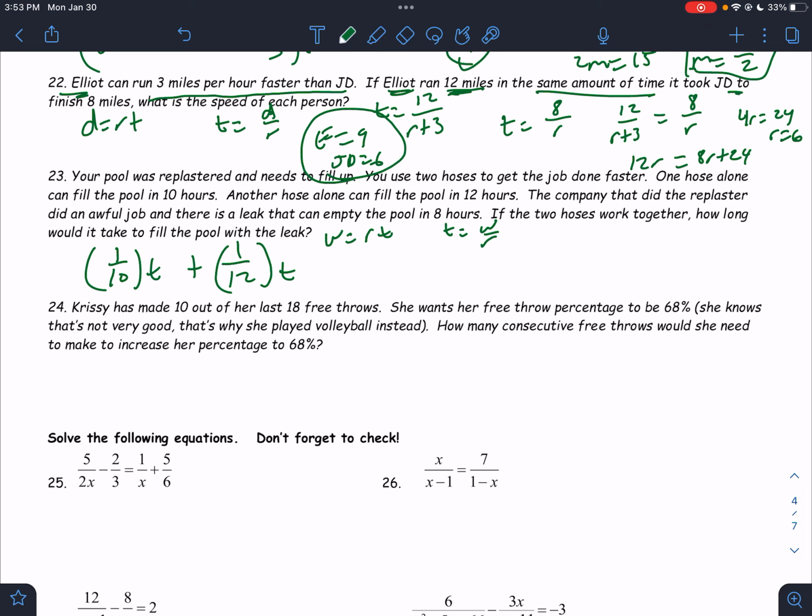So he can do 1/10 of a job every hour. He can do 1/12 of a job every hour. So we add those together, 1/10 of a job plus 1/12 of a job, but it's leaking 1/8 of the pool every hour. We want that to equal 1 full pool when we're done.